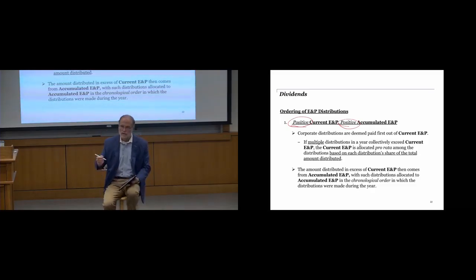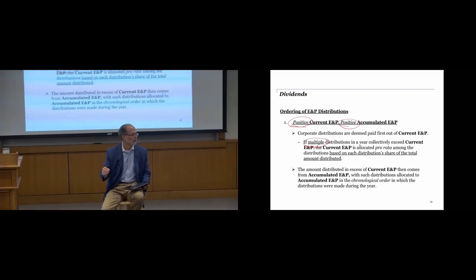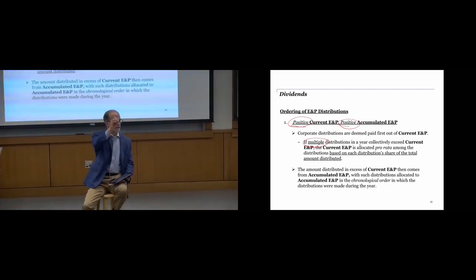The challenge in this area is when I have multiple distributions in the year. Because now I'm invoking the rules that say current E&P is shared pro rata to each distribution in the year. So it's not first come, first serve. Each distribution is going to get a piece of the current E&P, and that's based on the distribution's share of the total amount distributed. That's how much we're going to allocate of current E&P to that particular distribution.